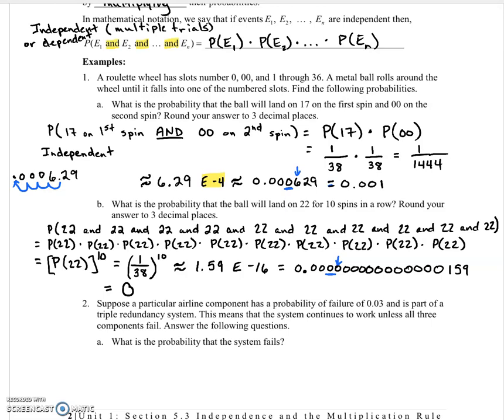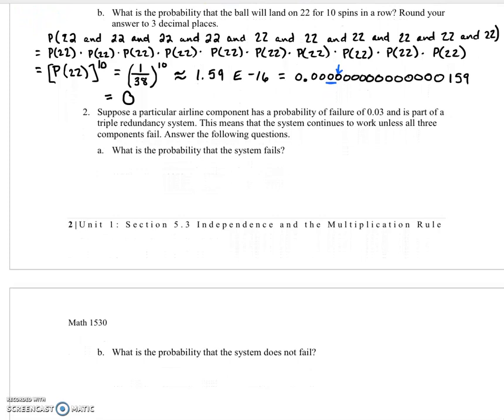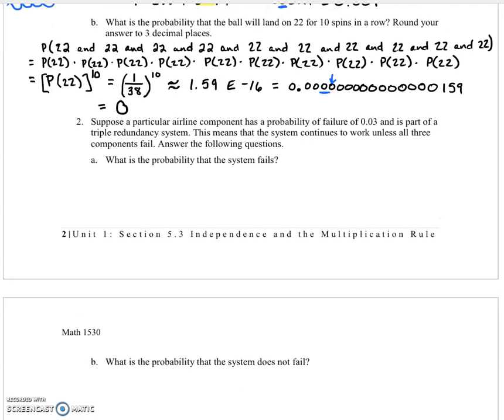Okay, let's move on to another example. One of the uses of this type of probability is in designing safer systems.